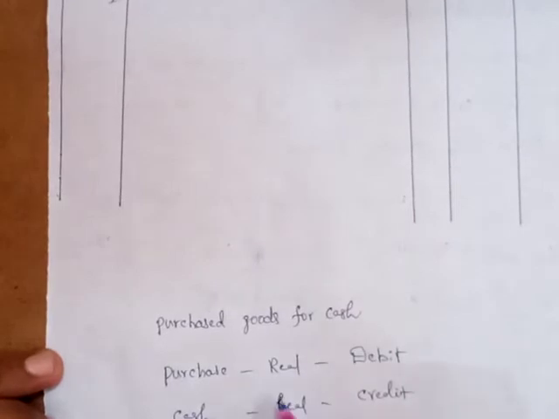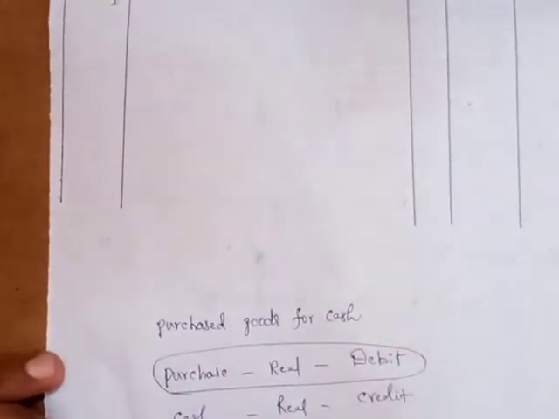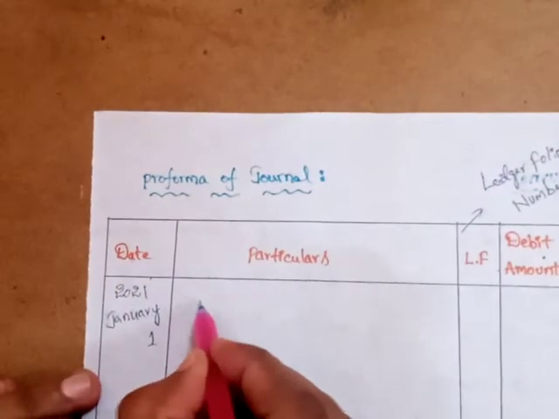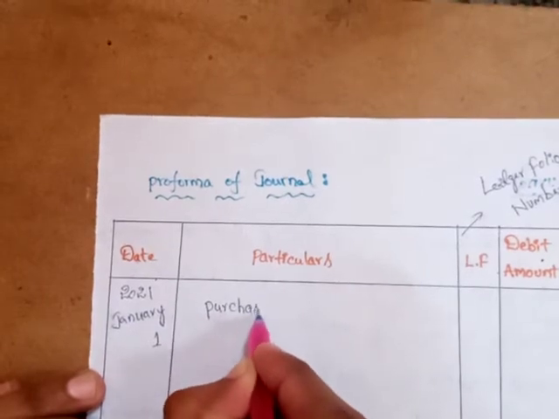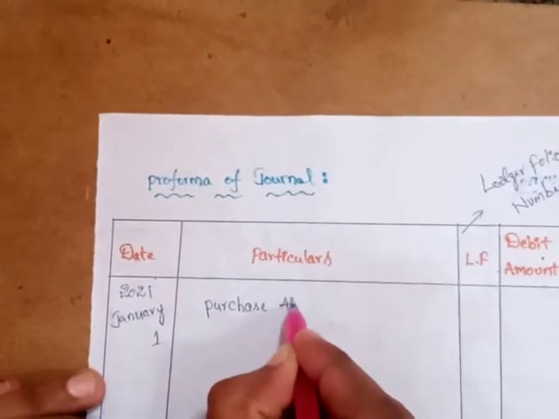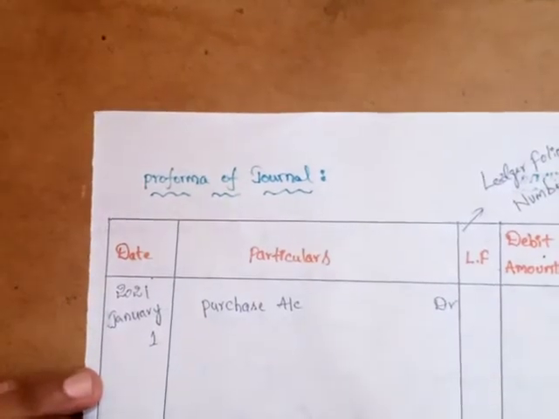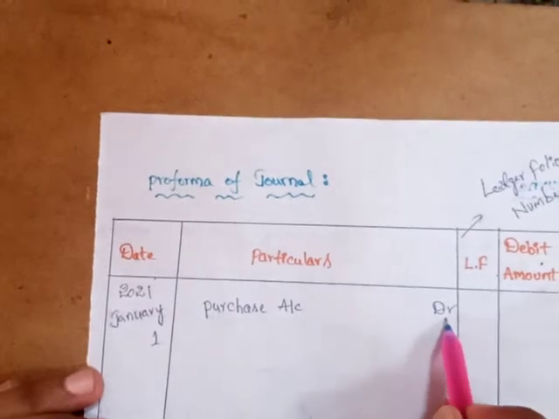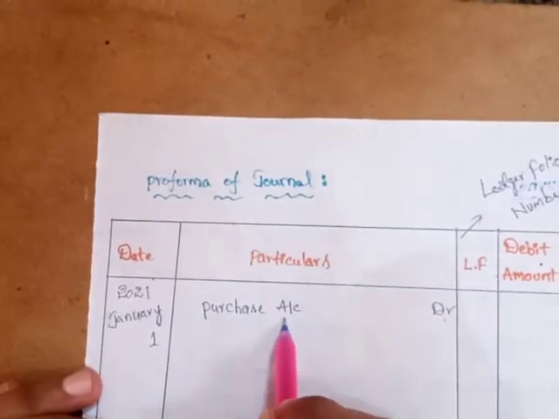So here we should write debit account in the first line. That means purchase account debtor. We must put DR to represent the debit aspect.